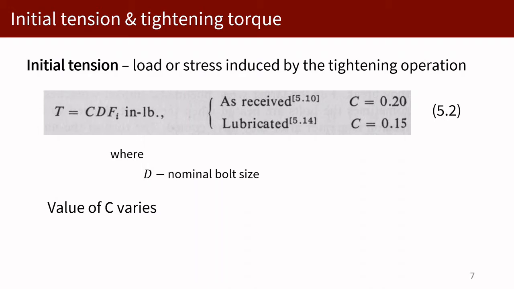We can say it is tightened if, for example, with a bolt, the head is seated on the part we connected, and we say it is good. But little did we know, it might be either too tight or too loose. So this is called the initial tension.